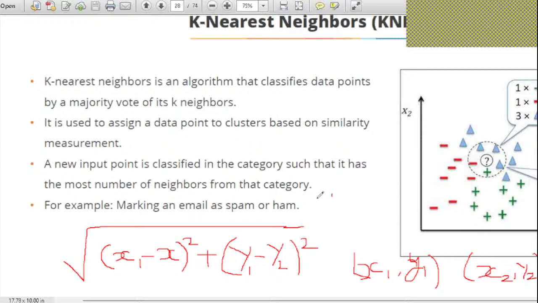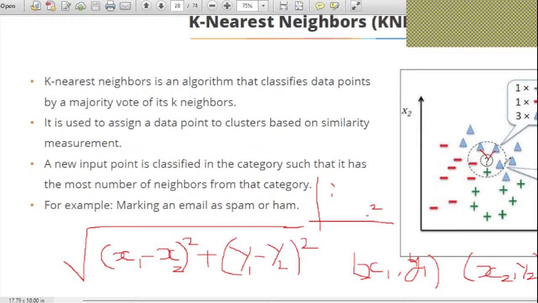If this is my xy coordinate system, and this is my x1, y1 and this is my x2, y2, then the distance between them is given by that formula. Clear? That is the Euclidean distance formula. Based on Euclidean distance, you first pick the 5 nearest points, because I have defined k is equal to 5. Now there is no formula for defining k as such.